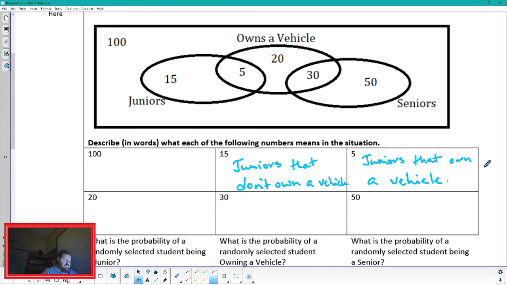Okay, then bouncing around a little bit to keep the same pattern going, the 50 right here is kind of the same idea. It's the number of seniors that don't own a vehicle. And the 30 would be the seniors that do own a vehicle.